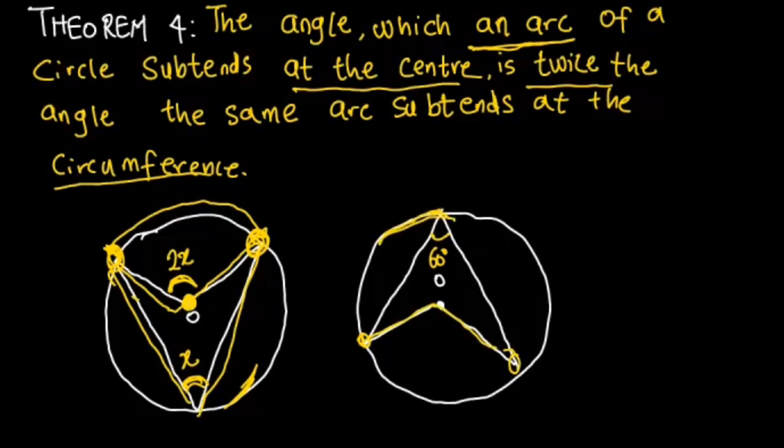So if here is 60, this is going to be 2 times 60, which equals 120 degrees. Again, theorem 4 tells us that the angle which an arc of a circle subtends or produces at the center is twice the angle that same arc will subtend at the circumference. So in essence, the angle at the center is twice the angle at the circumference.